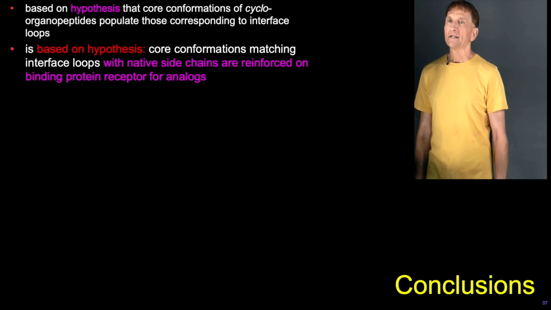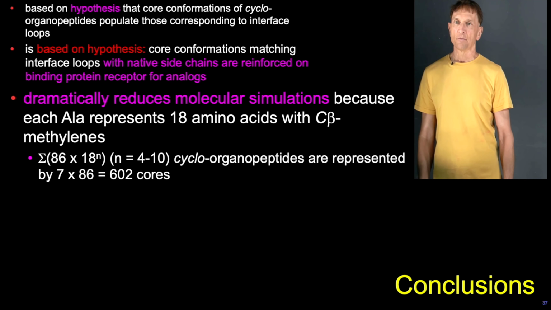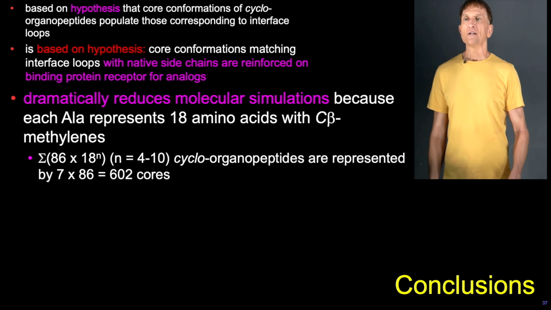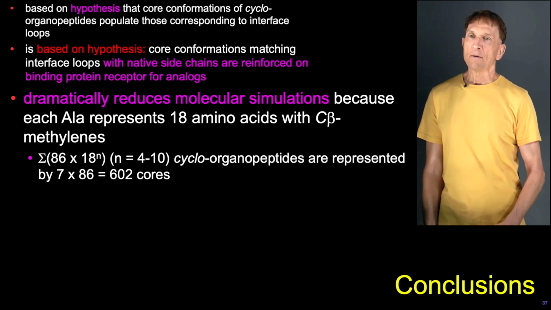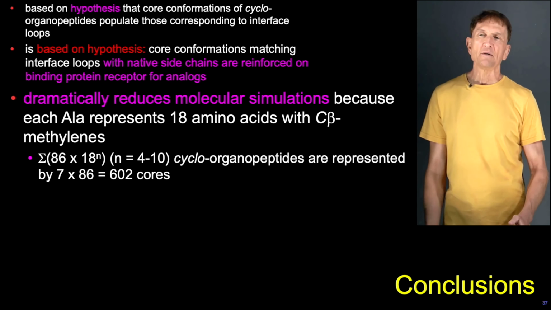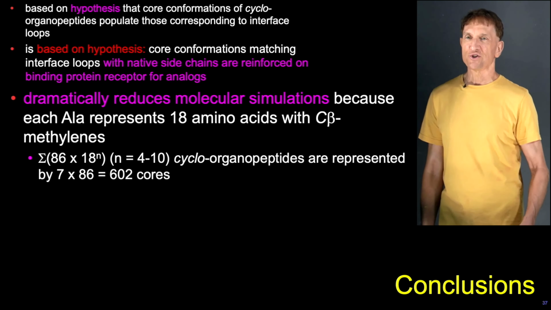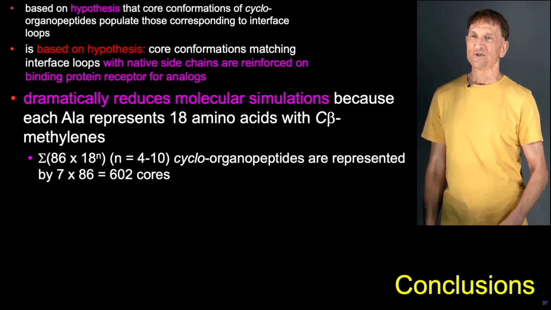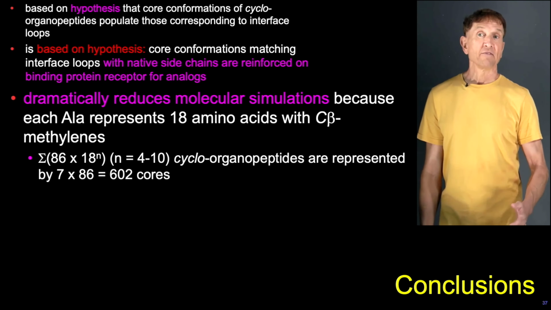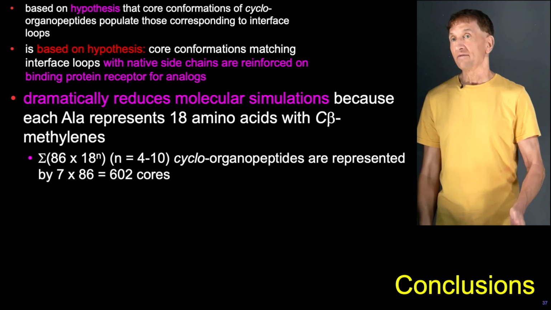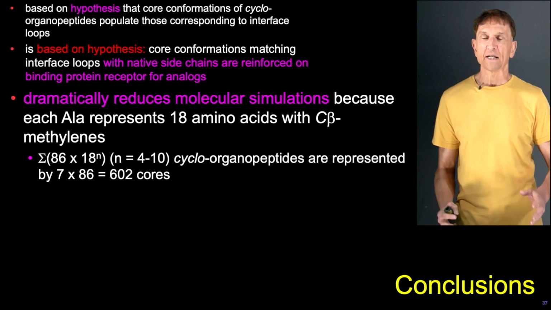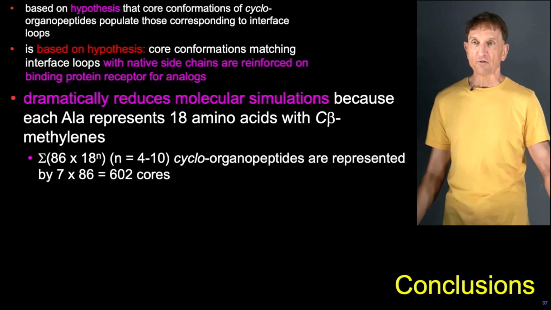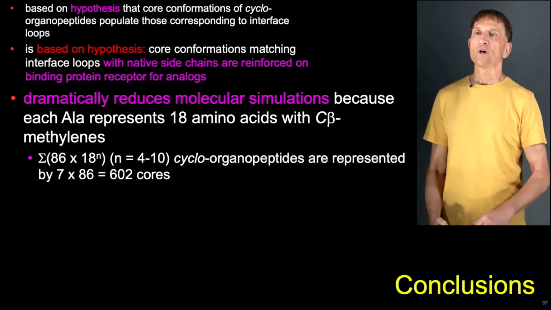This dramatically reduces the number of molecular simulations, because each cyclo-organopeptide made with only alanine represents, say, 18 amino acids at every different position. So there's a lot of combinations of those, which by a conventional docking technique would have to be tested. But we just do those cyclo-organopeptides corresponding to the different ring sizes with the different organic fragment.